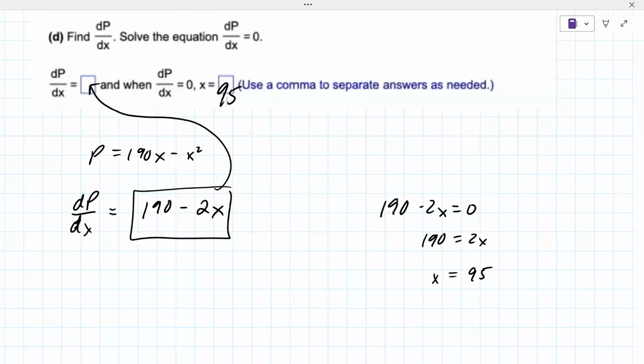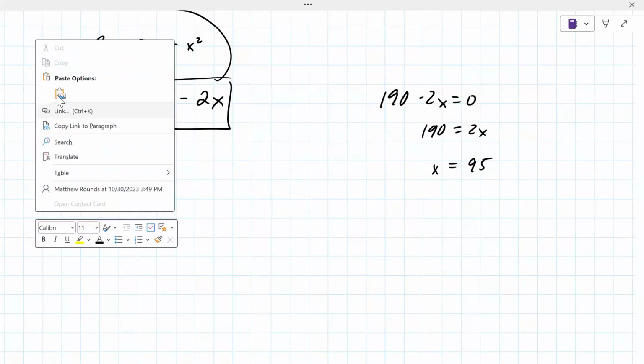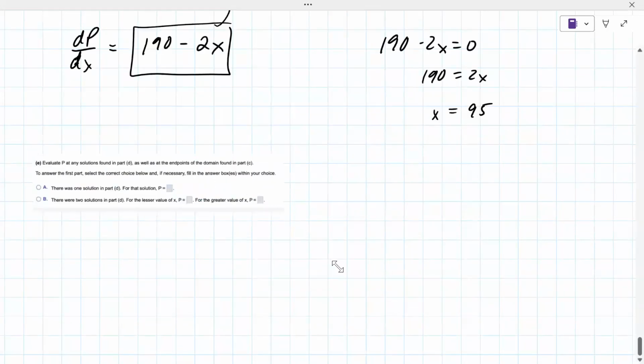In these application problems, and the next few will be like this, it's always wherever the derivative is 0. So the answer to the last part is going to be at whatever x value you find with the derivative. That's the shortcut, sort of.